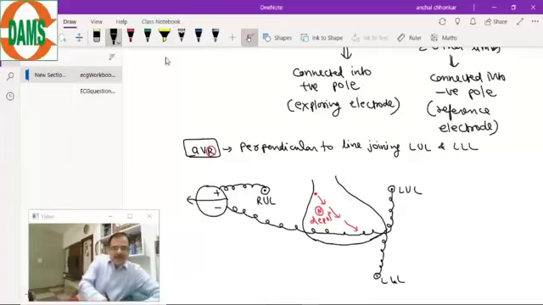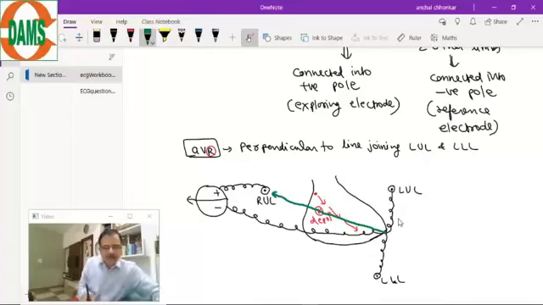So here we will draw the vector of AVR. Arrowhead towards the right upper limb because that is the exploring electrode. The tail will be perpendicular to the line joining the left upper limb and left lower limb.